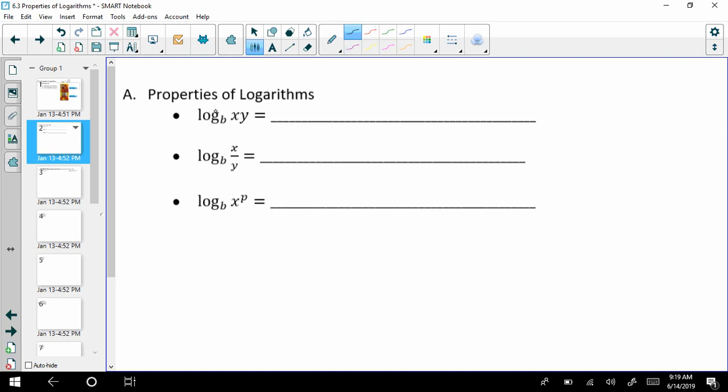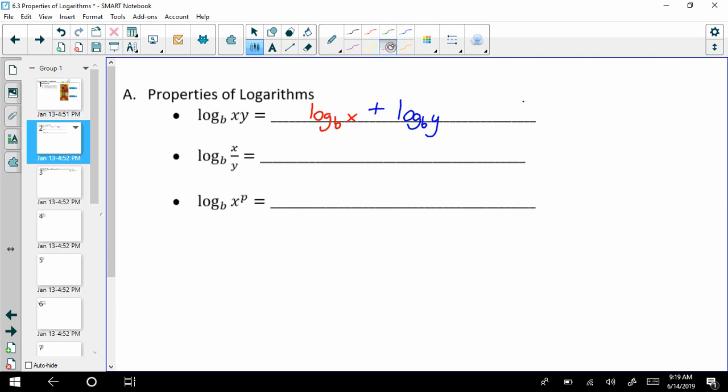So this first one says, if I have log base b of 2 quantities being multiplied, I can actually write that as 2 logs. So it's like the x and the y each get their own log with the same base as the original.